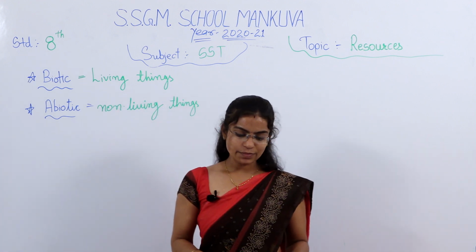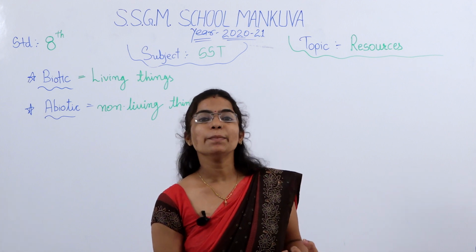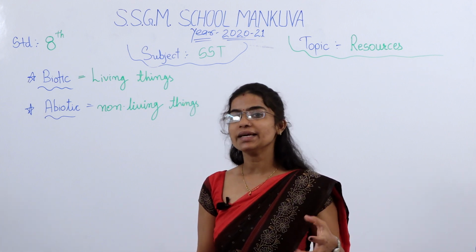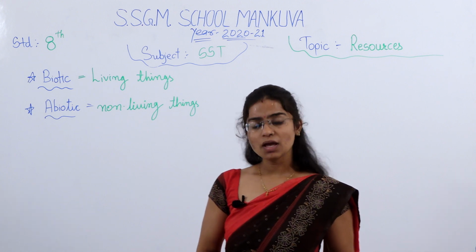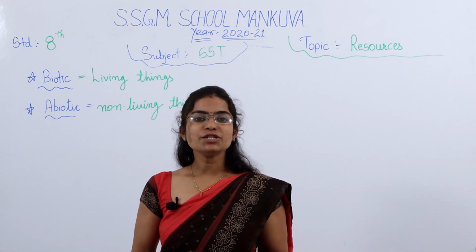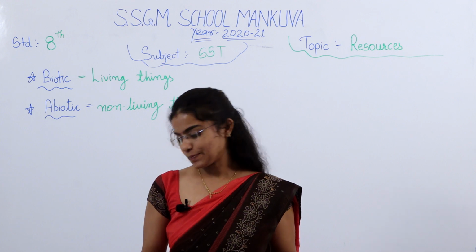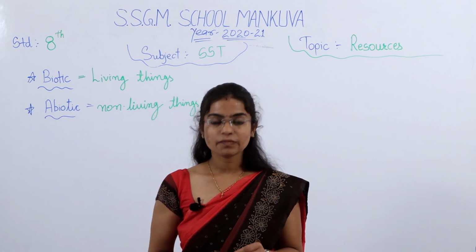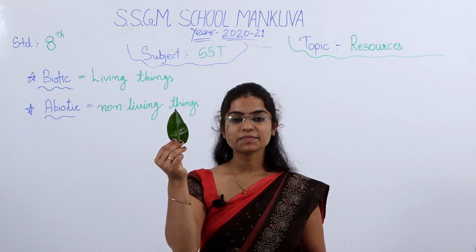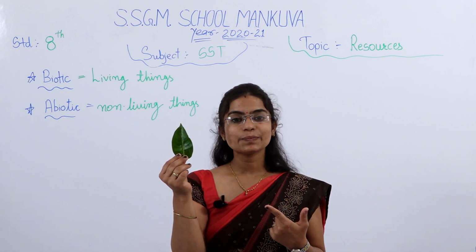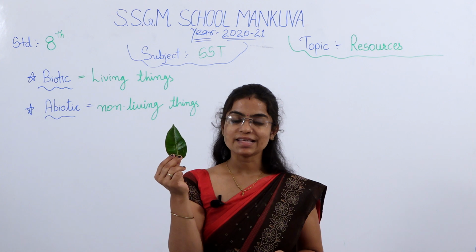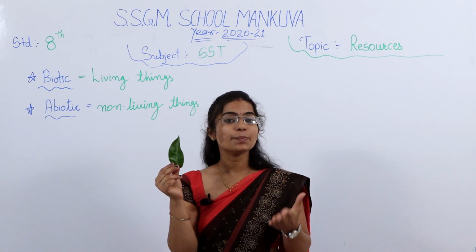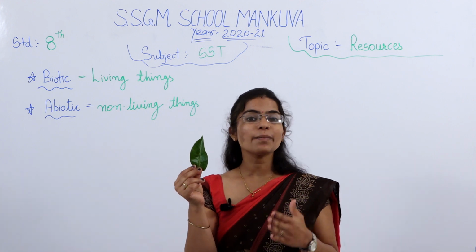Now students, give me some examples of living and non-living things. Before that, I'll show you some objects. See. What is this? Yes, it is a leaf. Now tell me whether it is biotic or abiotic.